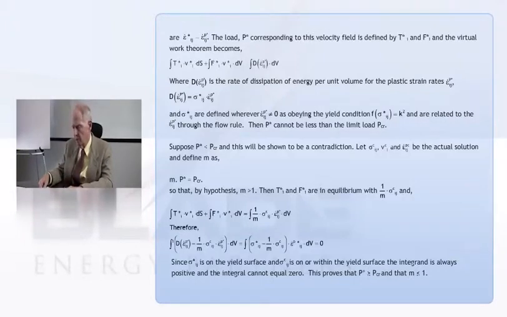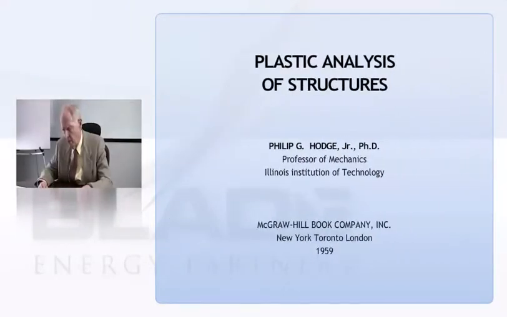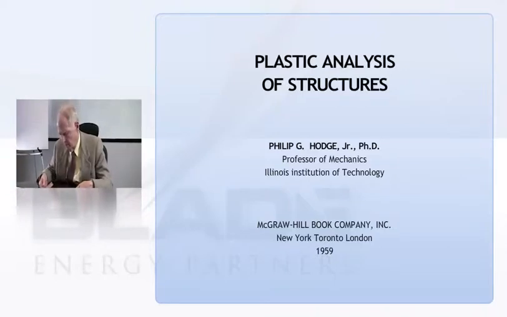What I want to do now is expand slightly on what I've already said about the use of limit analysis with structures. And I really just want to call to your attention the book Plastic Analysis of Structures by Phil Hodge. This is the same Hodge of Prager and Hodge.